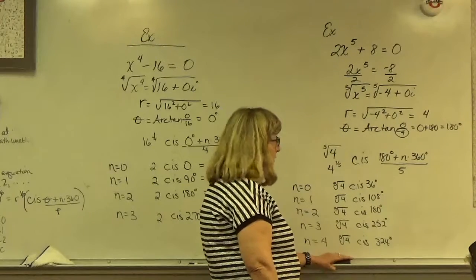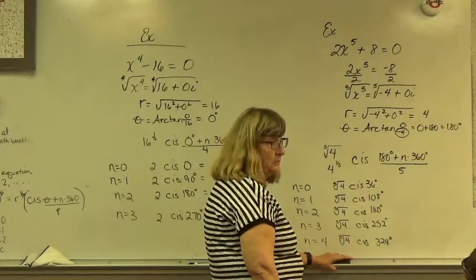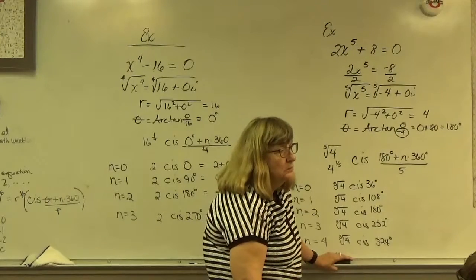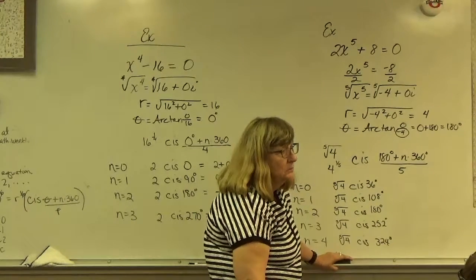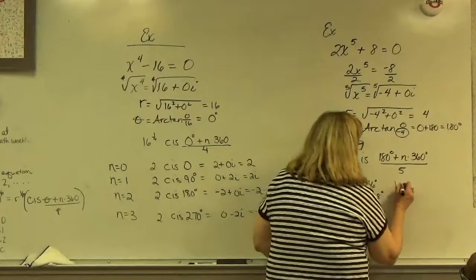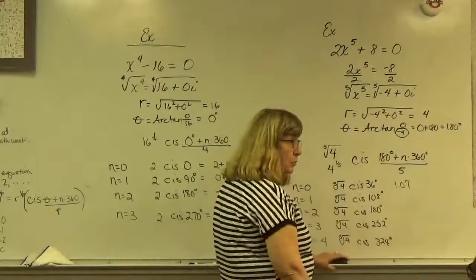Then you take it times the cosine of 36. 1.07. Is that what you guys got? Yeah. Okay, still got one more to do.